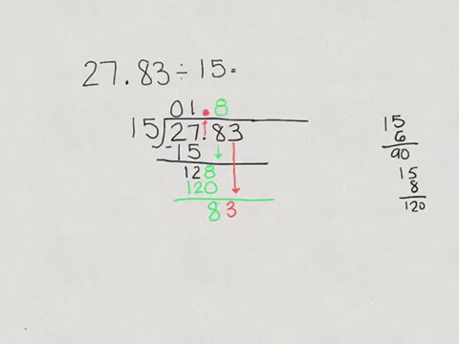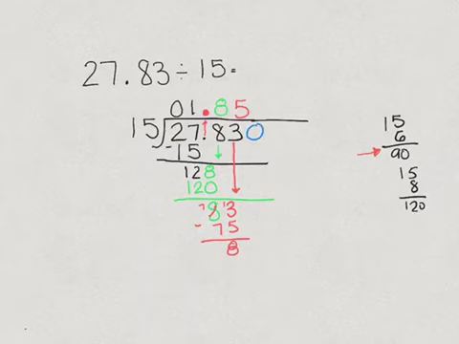83 divided by 15. Well, if you remember over here, I said 6 is 90. So I know it's going to be 5. 15 times 5 is 75. Now, because I haven't moved to the thousandths place yet, I need to keep going.